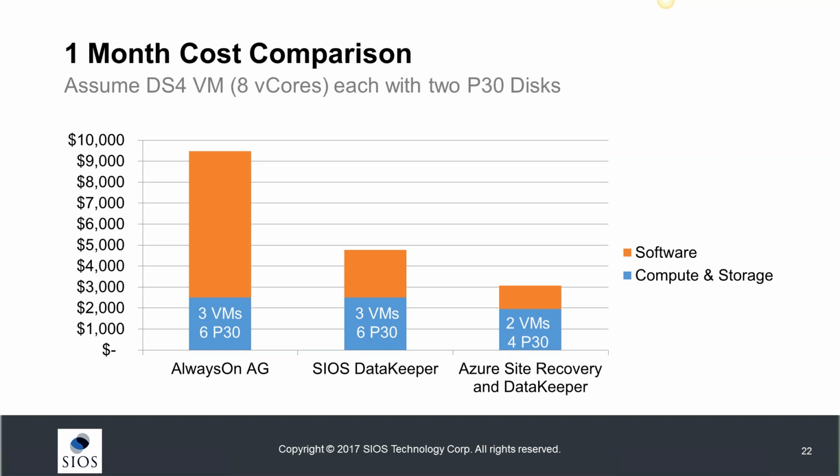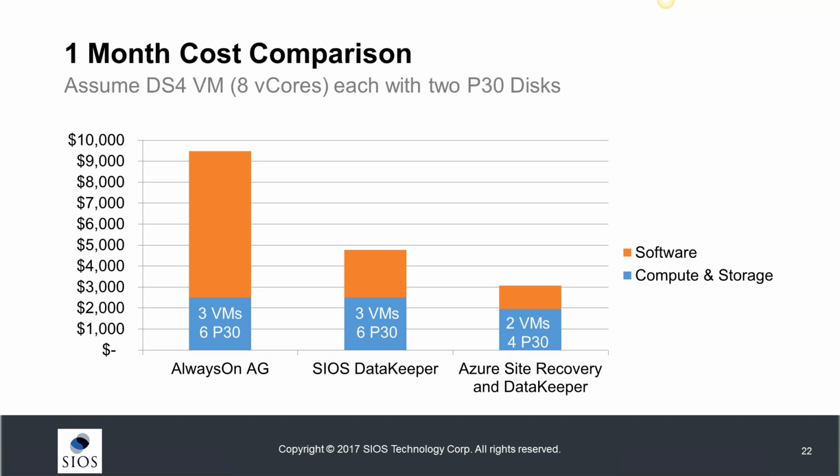And then Azure Site Recovery is even less expensive, because you only need to pay for two virtual machines, the two in your primary data center, and the storage attached to those virtual machines, and then a little bit of additional cost for the software, including DataKeeper and Azure Site Recovery.